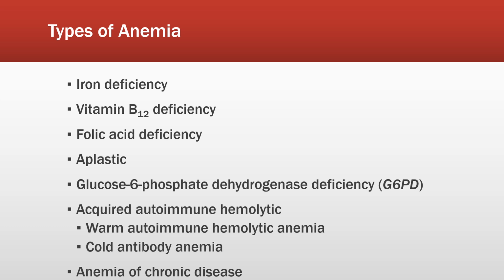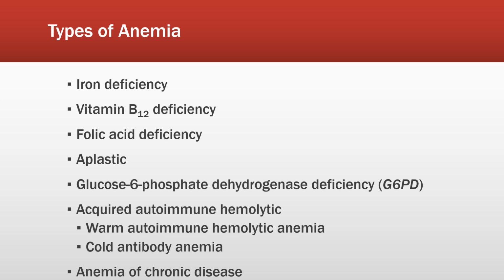Another cause of this vitamin B12 deficiency may be related to the bone marrow producing oversized red blood cells, and this is known as megaloblastic anemia. Just because the bone marrow is producing oversized red blood cells does not mean that because they're bigger, they can deliver more oxygen to the cells. No, oversized red blood cells is abnormal.